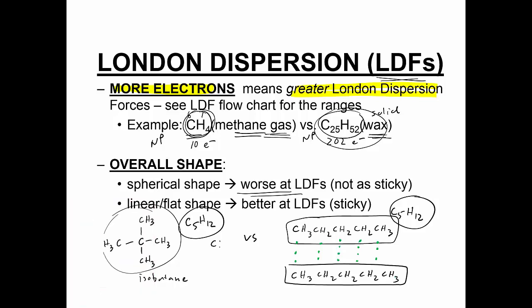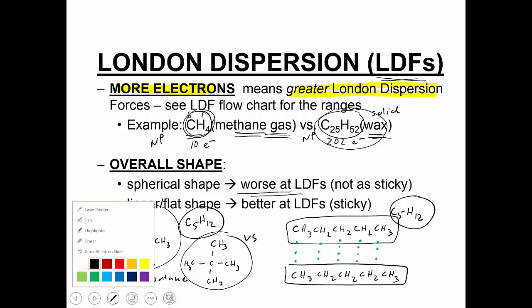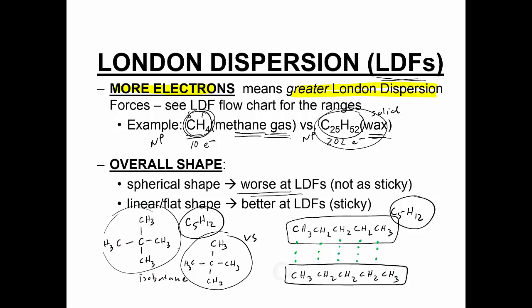So if we have another isobutane, I'll make a circle around it so we can focus on the outside of the molecule. This one doesn't have that much surface area. So when it's spherical like that, it doesn't have that many points of contact it can make. Whereas if it's linear, it does.